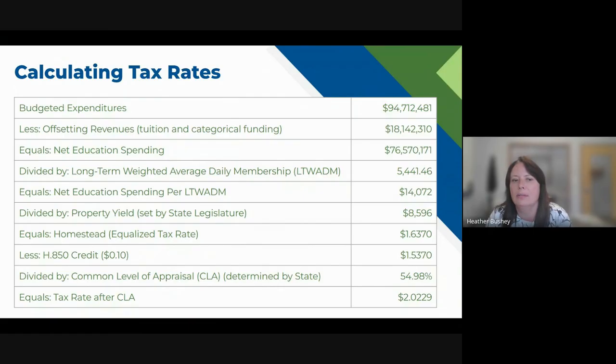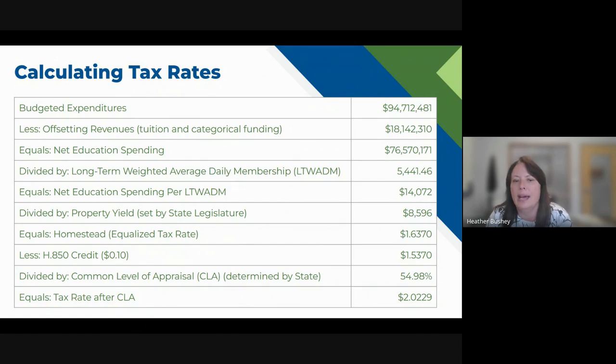That got us down to net ed spending of 76.5 million. We divided that by our long-term weighted average daily membership, and we're going to talk about how we get that number. And that gave us our net ed spending per long-term weighted average daily membership, 14,072.